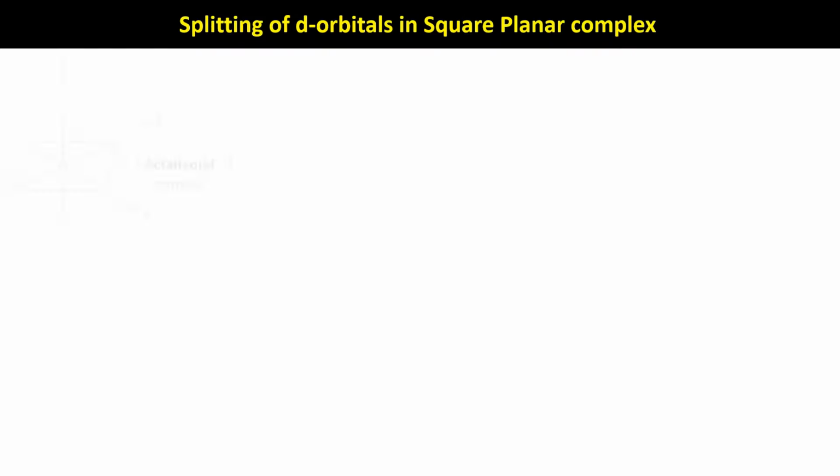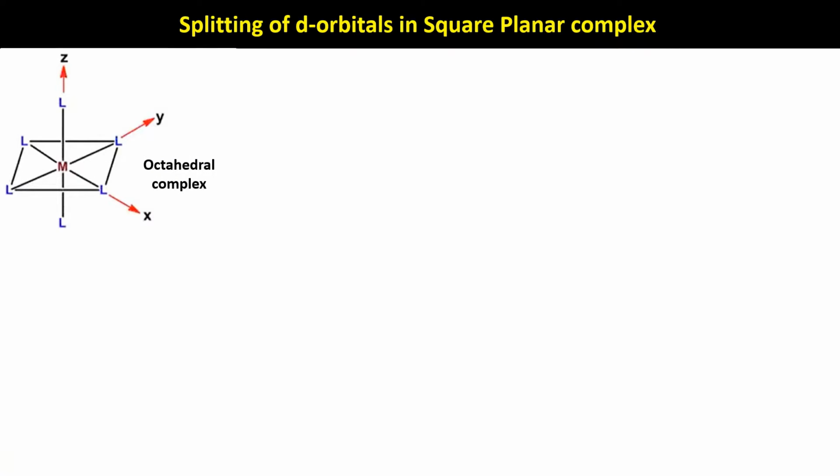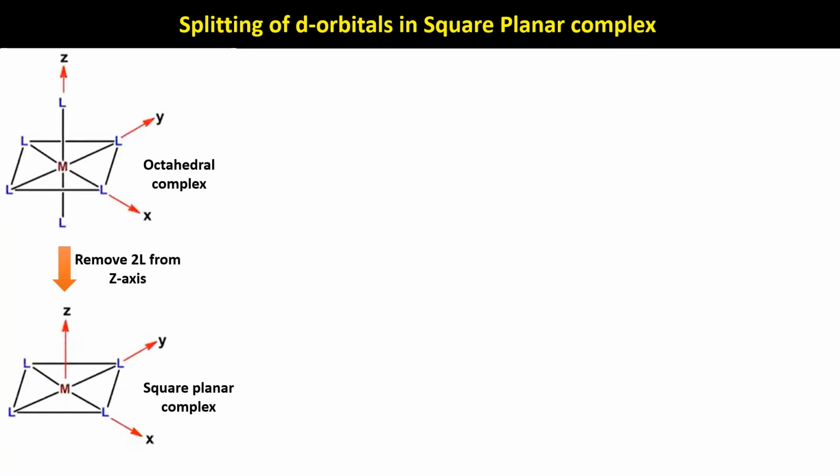Suppose we have an octahedral complex. If we remove the two ligands from z axis, it would result in a square planar complex. The d orbital splitting diagram for the square planar complex can thus be derived from d orbital splitting of an octahedral complex.